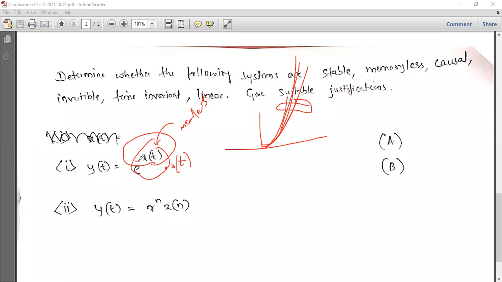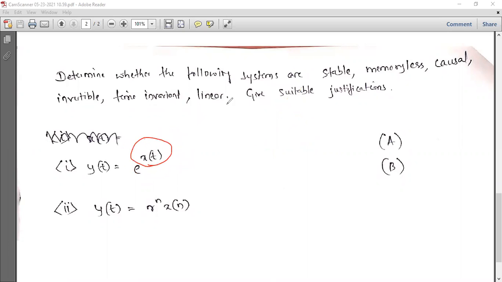Okay, in this case also it becomes a conditional stability. So here the stability of x of t, okay, it's a debatable question because of the nature of exponential. Okay, so stability, no. Memoryless, yes, it was memoryless.